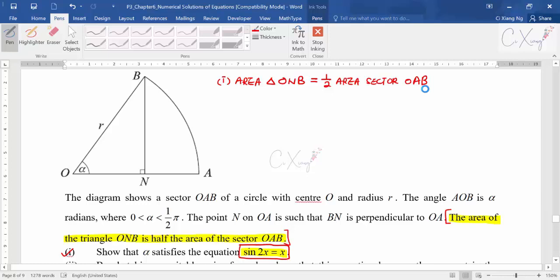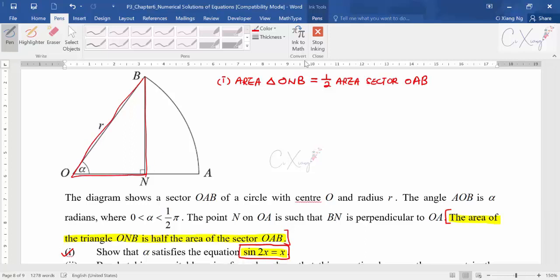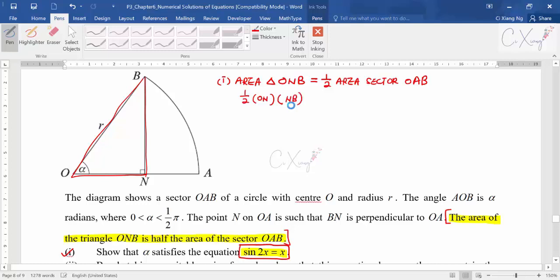If you look at the area of triangle OMB, this is a right-angled triangle, so you can write half the length of ON multiplied by the length of NB. Then half, just copy the half, the area of the sector OAB.